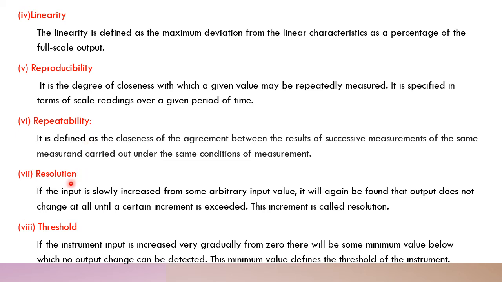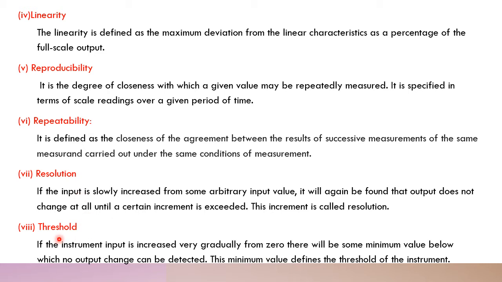And then next one is the resolution. Here in the resolution, if you are increasing some input, then for a particular change in input, then only there will be some change in the output. So that particular increment is called the resolution. The next one is the threshold.